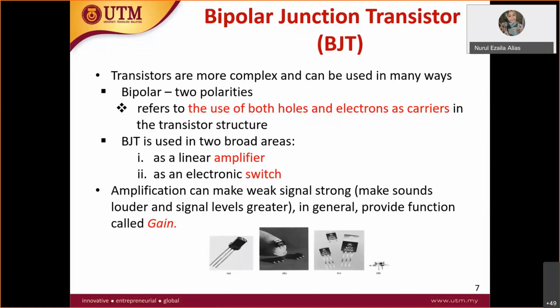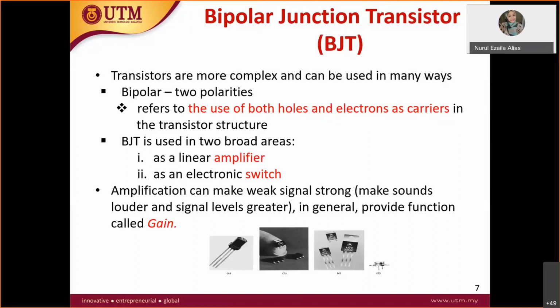BJT is used mostly as an amplifier and sometimes as a switch in the circuit. When it is used as an amplifier, it is used to amplify the signal. When you have an input signal of 10 volts and you want to amplify it to, maybe, 20 volts, you might want to use BJT as an amplifier.